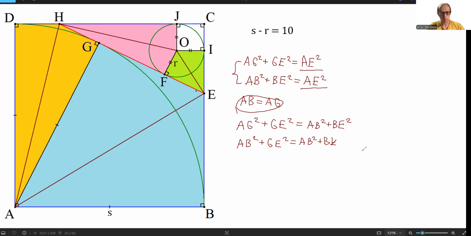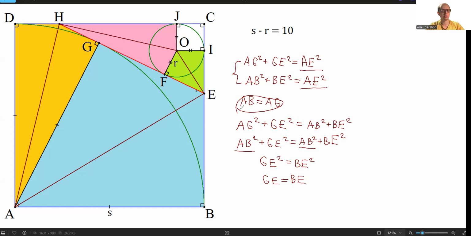Anyway, AB squared plus BE squared. And now we have AB squared on both sides of that equation. So we can cancel those out, and we get GE squared equals BE squared, or GE equals BE.